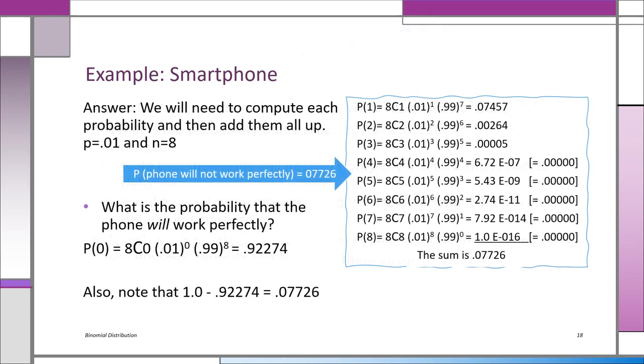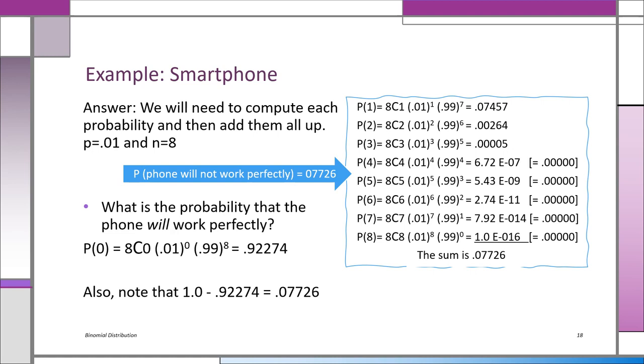Let's take a look at the work here, what we have to do to solve this problem. The probability that the smartphone will not work properly is the probability that there's one defective, as you can see, 0.07457, plus the probability of having 2 defectives, 0.00264, plus the probability of 3 defectives, 0.00005, plus the probability of 4 defectives, and this number is so small that it's in effect 0.